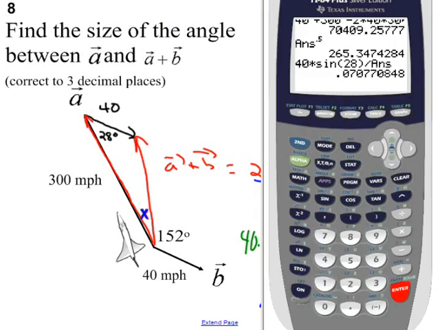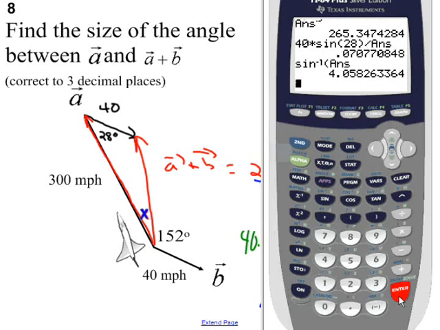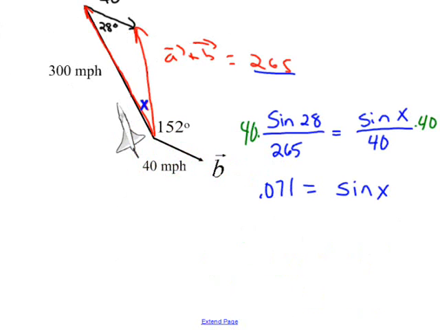And then to find out what x is, I do inverse sine of the answer, and I get 4 degrees, .058 is what I have.